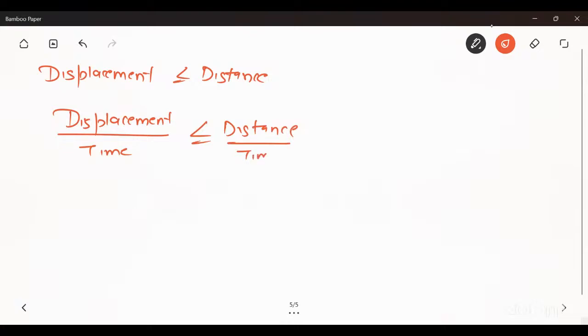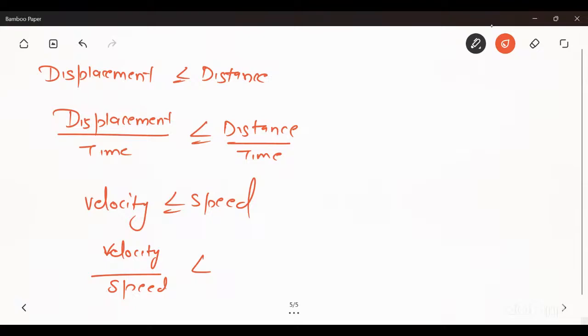Displacement upon time is velocity, so velocity is always less than or equal to speed. So the ratio of velocity upon speed is always less than or equal to 1.